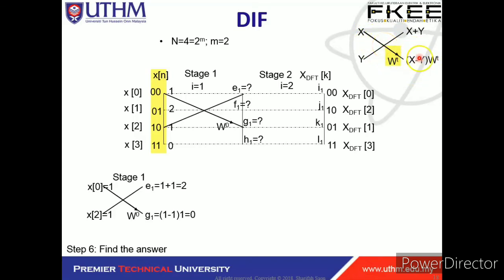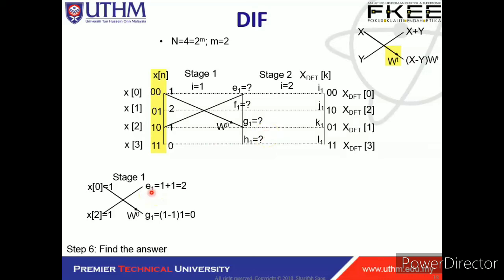For the lower part, the operation is minus: X minus Y, and then X minus Y will be multiplied with W^t. So we will get this equation. To find E1, you need to label first E1, F1, G1, H1, I1, J1, K1 and L1. Actually for the labels you can name them any variable.